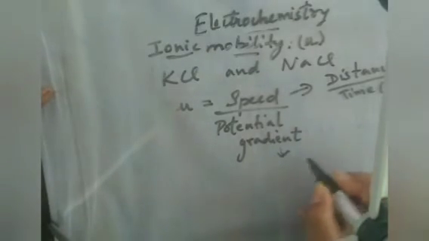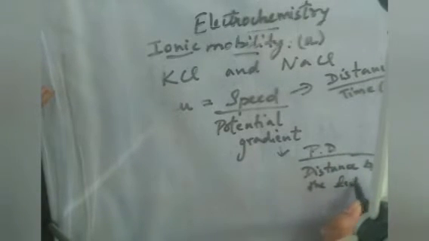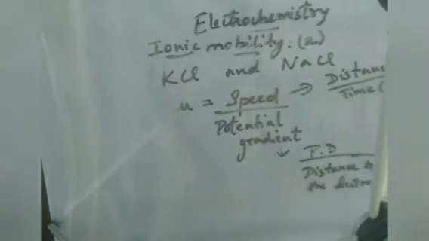Potential gradient is the potential difference we applied at the electrodes divided by the distance between the two electrodes. So ionic mobility is given by speed of the ion by potential gradient. Speed in turn is given by distance traveled by the ion by the time taken in seconds, and potential gradient is given by potential difference applied divided by distance between the electrodes.